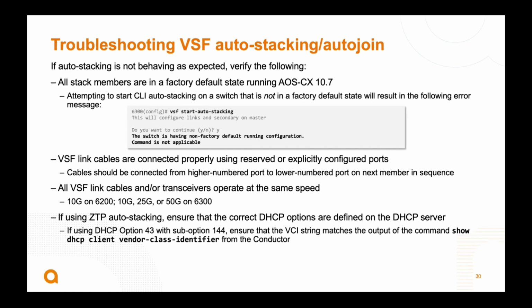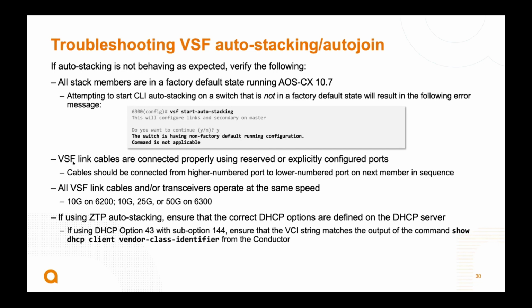Specific to the CLI auto stacking, if you try to start auto stacking on a conductor that is not in a factory default state, you will get an error message when you try to confirm the auto stacking start process. So if the switch has a non-factory default config, auto stacking will not function. You will need to revert that switch to factory defaults before you try that again.